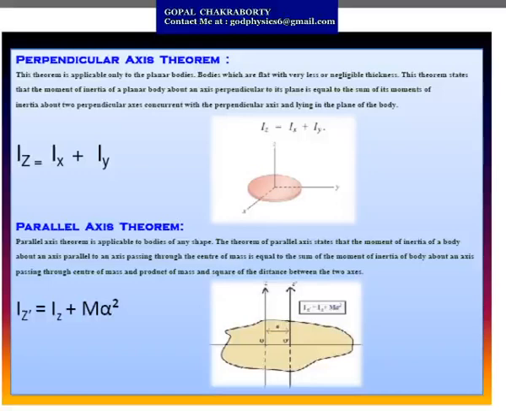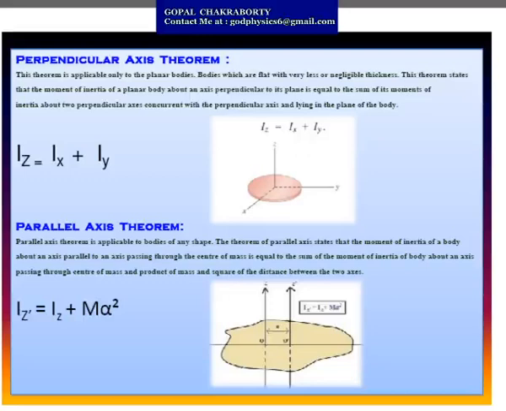The perpendicular axis theorem is applicable only to planar bodies which are flat with very small or negligible thickness, like a plate or discs which have a very small thickness.